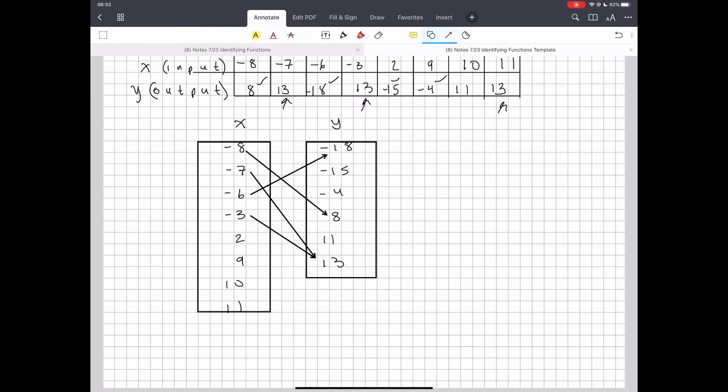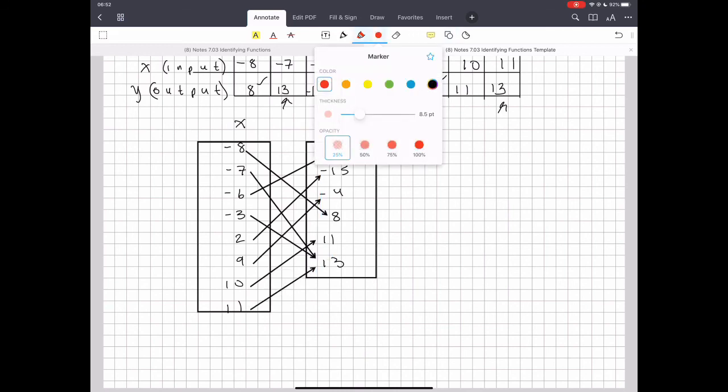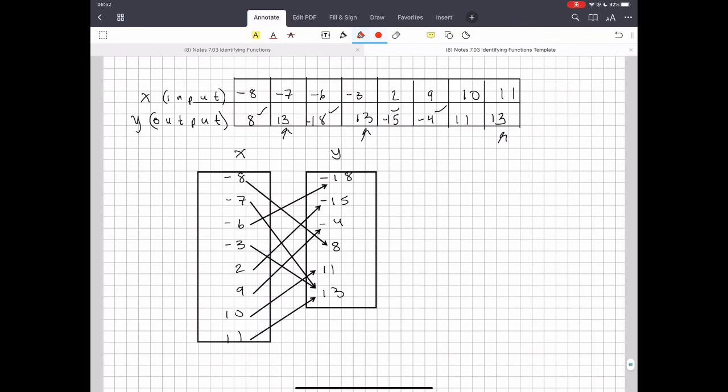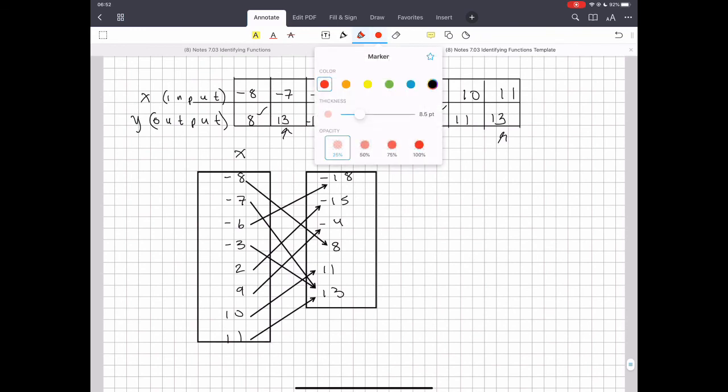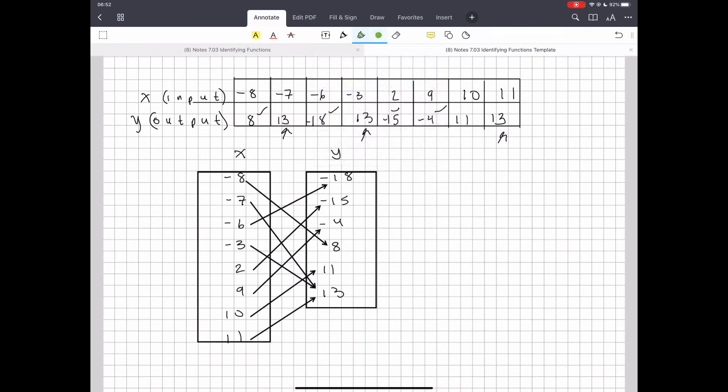It's okay that they're both 13. 2 goes to -15. 9 goes to -4. 10 goes to 11. And the 11 of our input goes here. So this is okay. This is a function, even though we have this here.